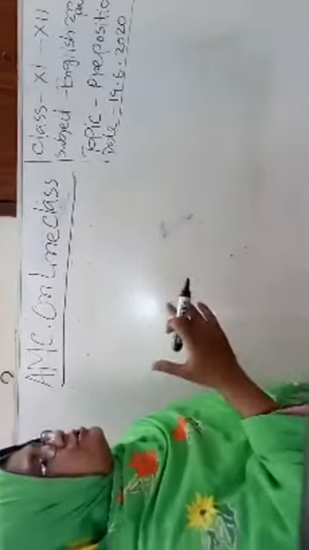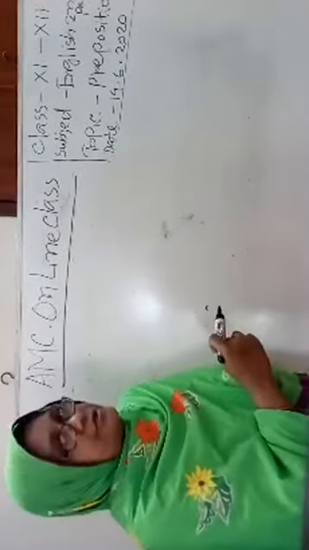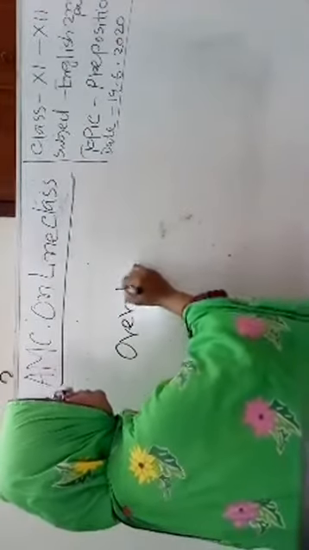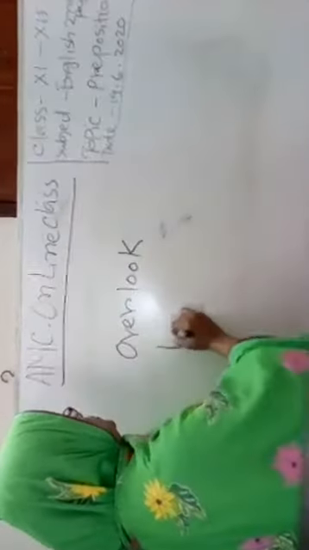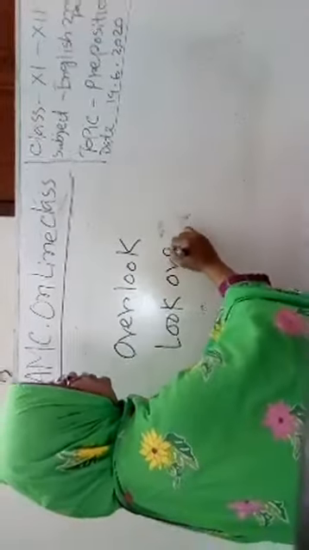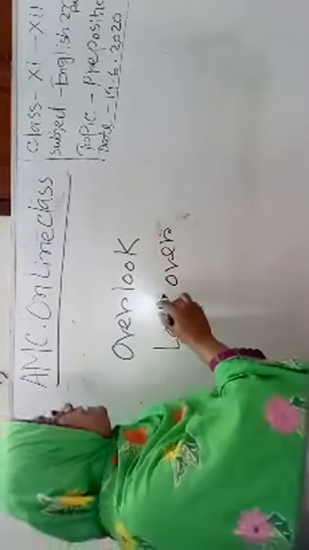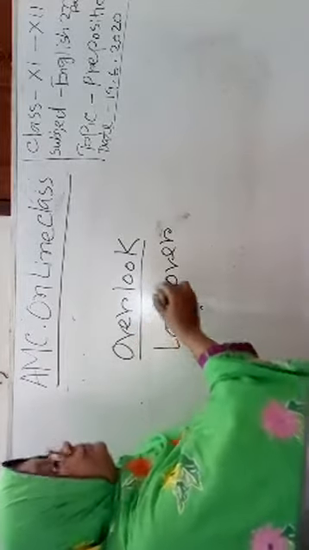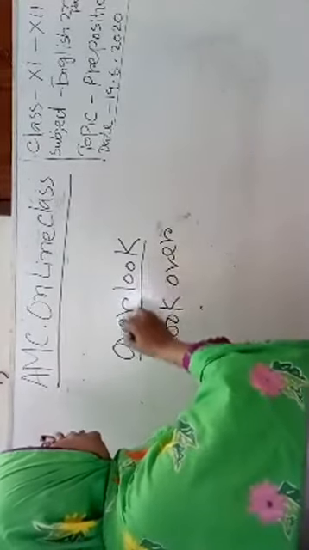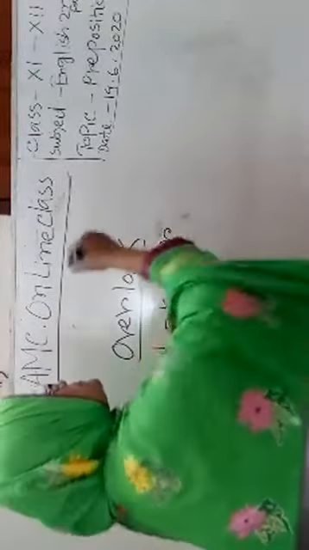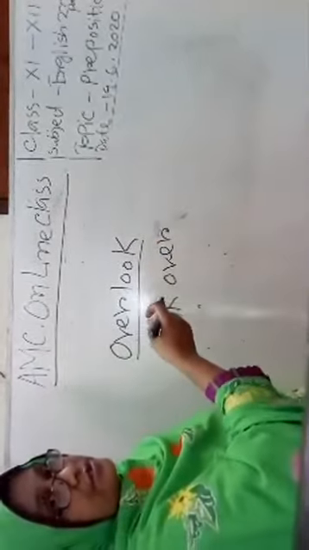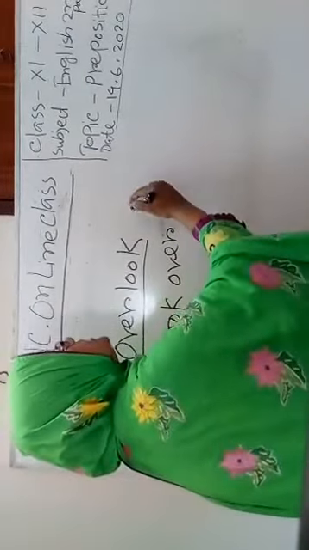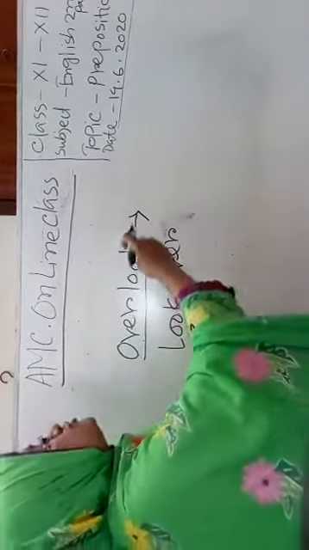Now we see the position of preposition. Overlook, look over. We see there are two words. In the first word, the preposition over is placed before a verb, look. When a preposition is placed before a verb, it is known as a verb, and the meaning is to avoid something.